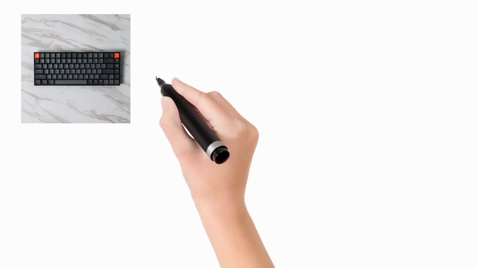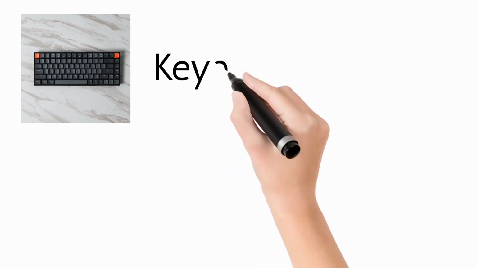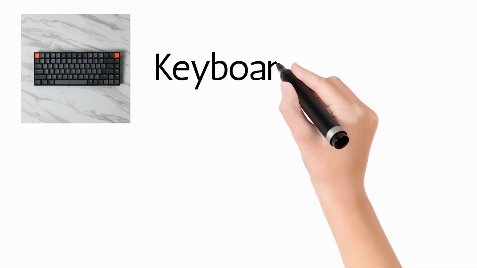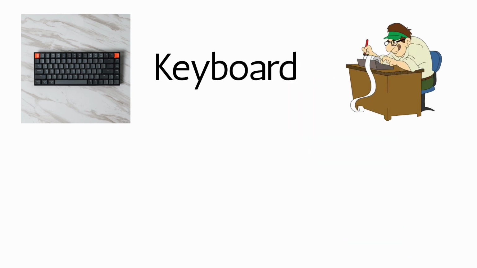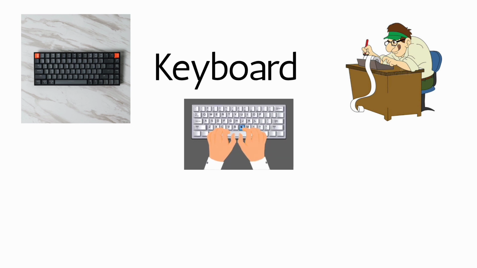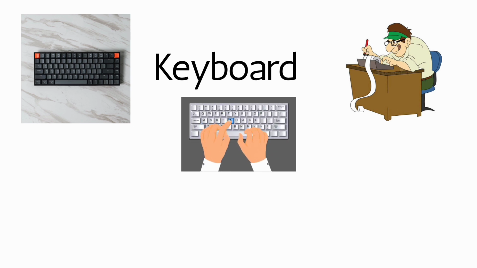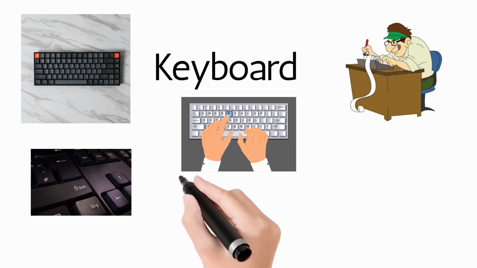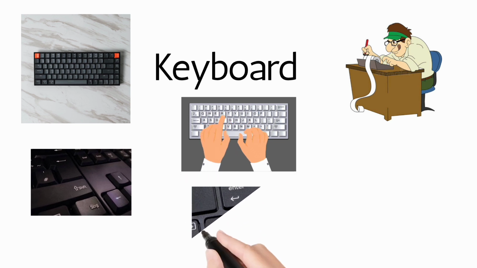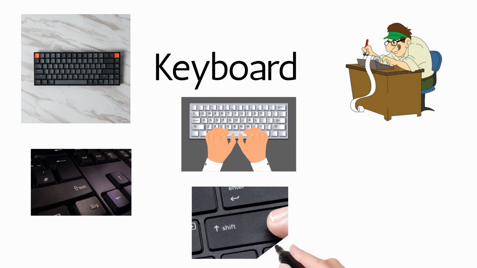In computing, a keyboard is an input device, partially modeled after the typewriter keyboard, which uses an arrangement of buttons or keys to act as mechanical levers or electronic switches. A keyboard typically has characters engraved or printed on the keys, and each press of a key typically corresponds to a single written symbol.